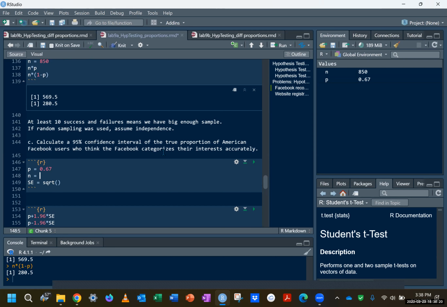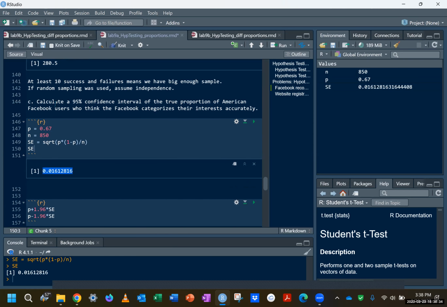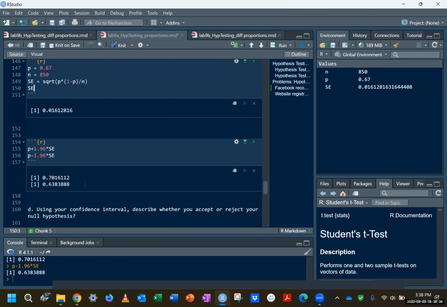And n was 850. So we'll say p times 1 minus p divided by n. I'm going to put that there just to see that my number makes sense. Yeah, that's a reasonable number. And so here's our confidence interval, 63 to 70%.